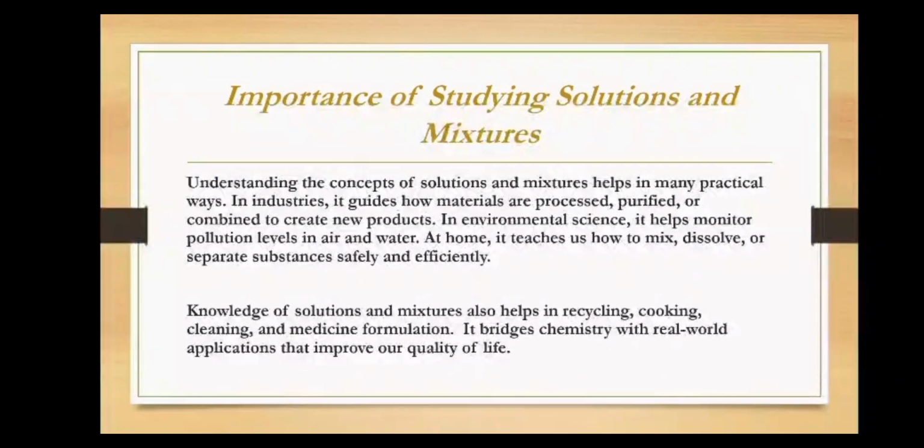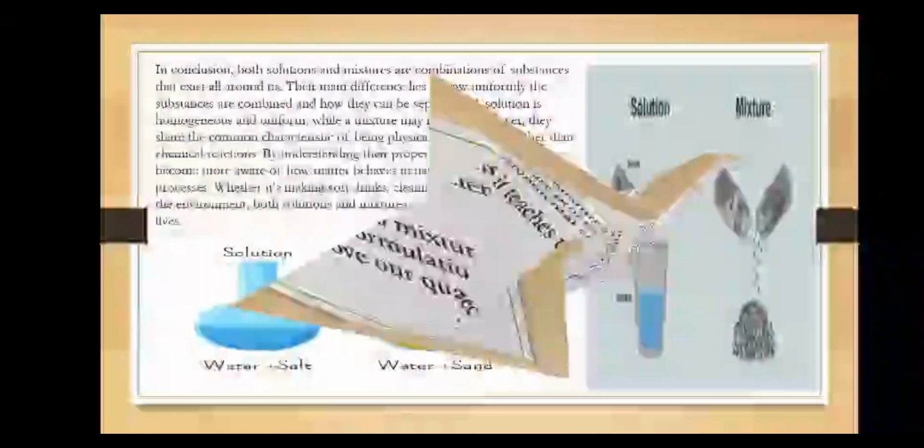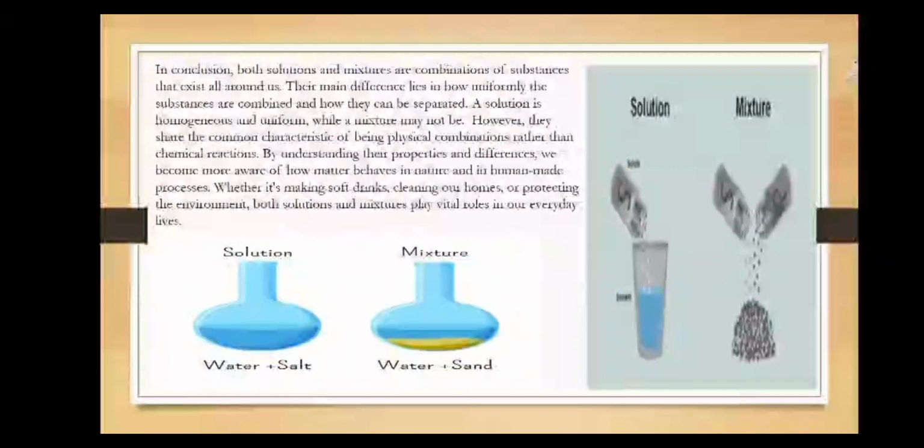So in conclusion, both solutions and mixtures are combinations of substances that exist all around us. Their main difference lies in how uniformly the substances are combined and how they can be separated. A solution is homogeneous and uniform, while a mixture may not be.